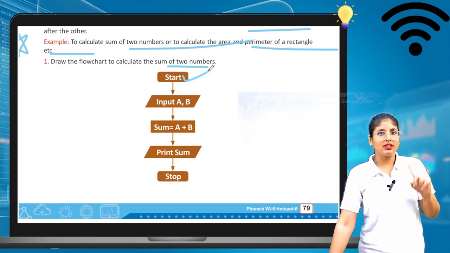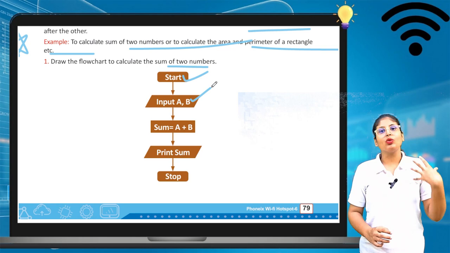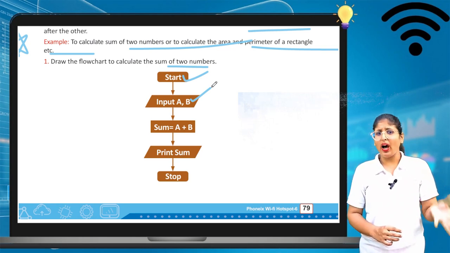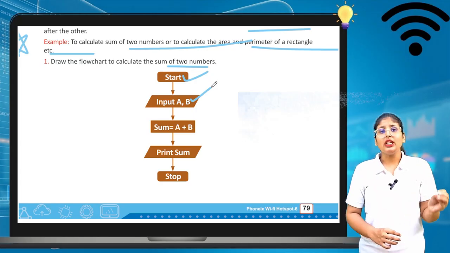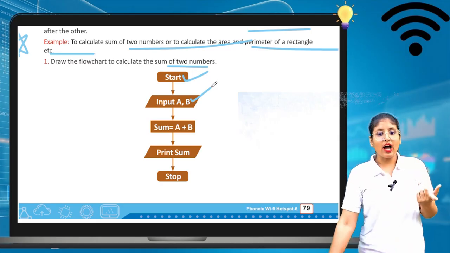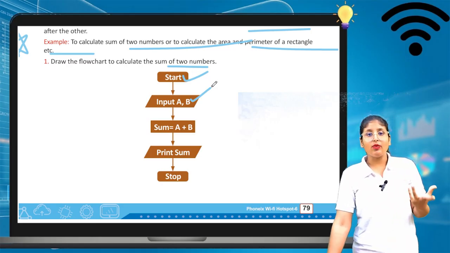So the start button is there in the first one. Now the input should be A and B, because if you want to add two numbers, you need two inputs.